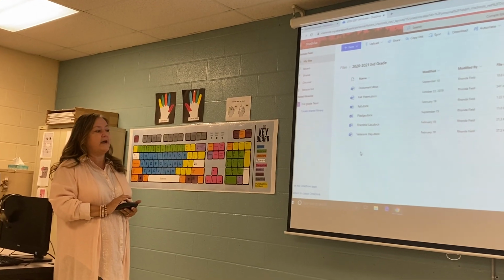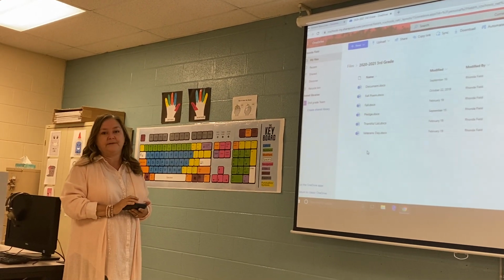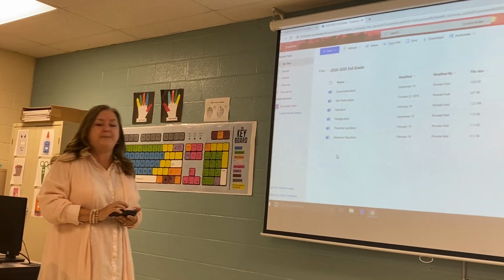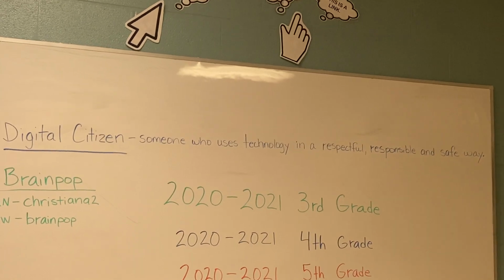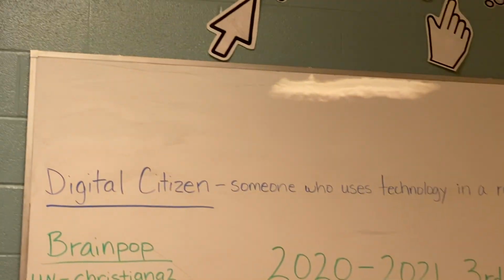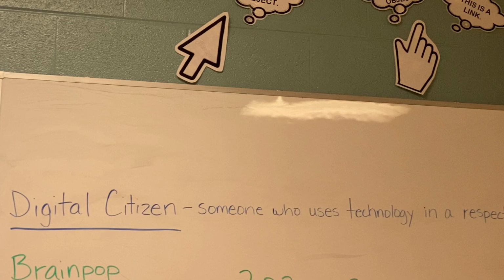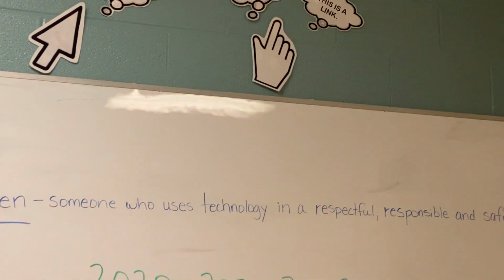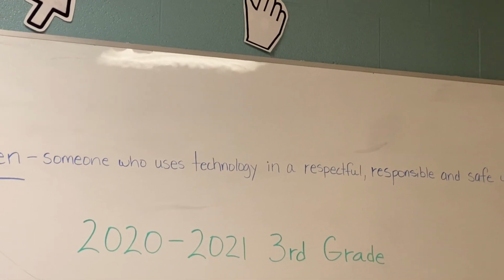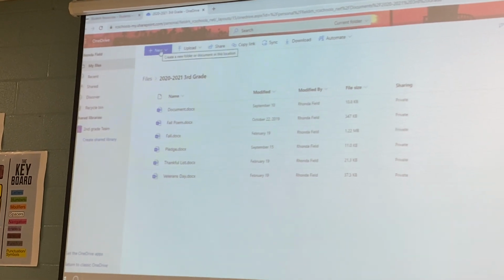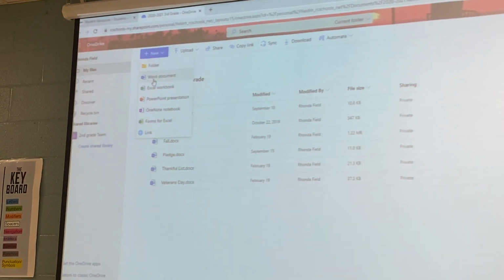The first thing we did create in class was a pledge, a digital citizen pledge. We typed out how we were going to be a good digital citizen here at school and at home by using technology in a respectful, responsible, and safe way. Now, if you want to do this at home, what you would do is open up your folder, whatever grade you're in, open that folder, and as you remember before, to make something new, we go back to the New button, click that, and this time we'll make a Word document, and we'll type up our pledge on this paper.